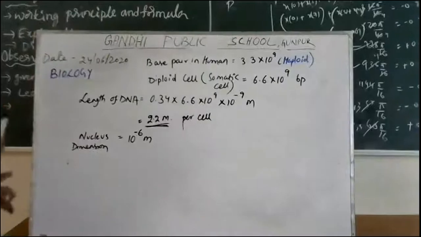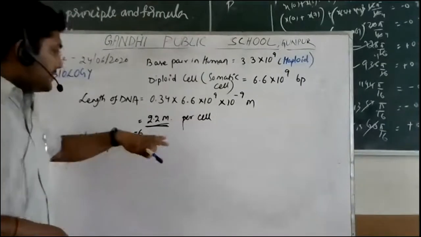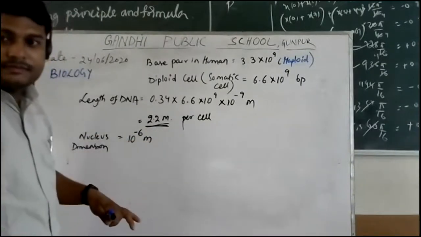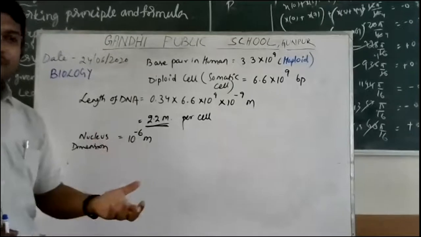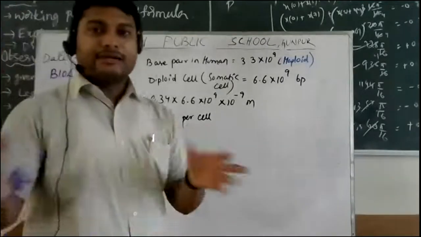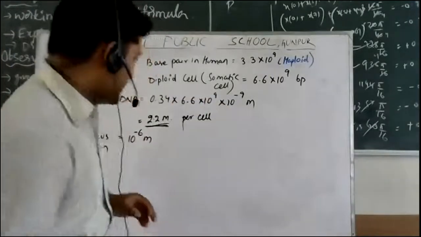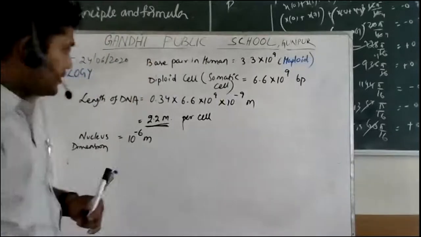So to start with, did you understand how we got this 2.2 meters? Okay, we have only 10 minutes, so I'll quickly tell you what happens in prokaryotes, and we'll go into the eukaryotes tomorrow.